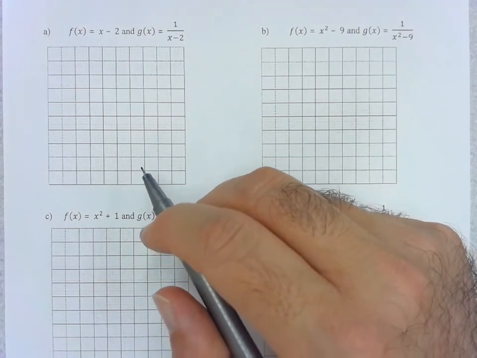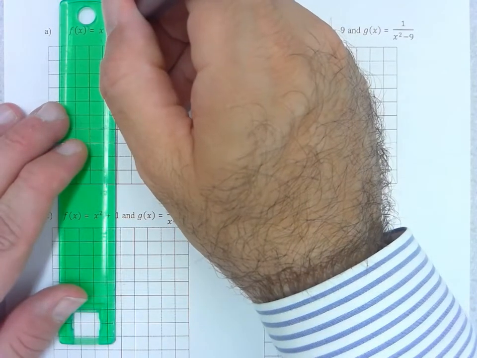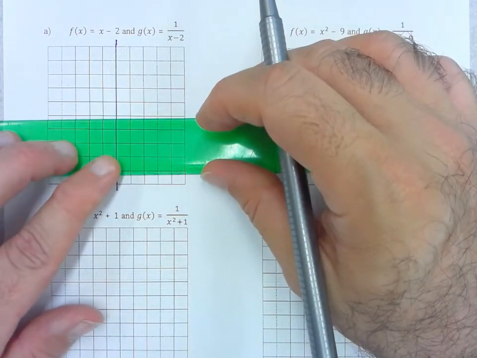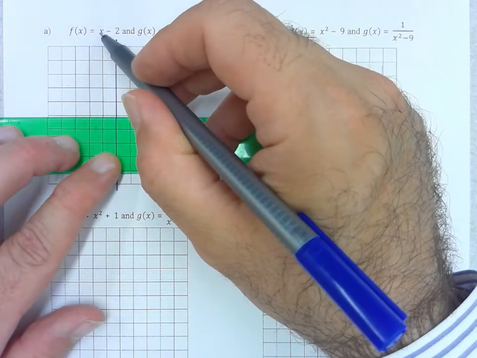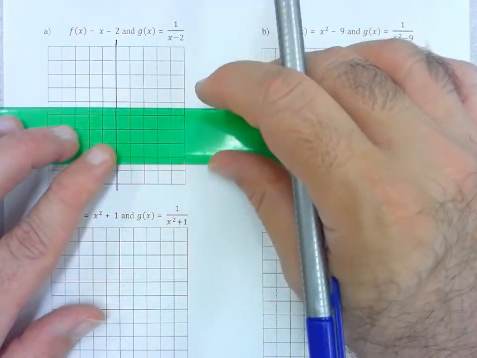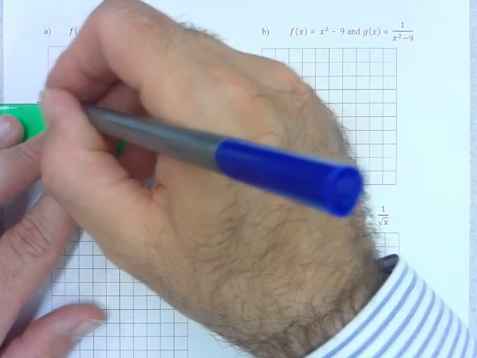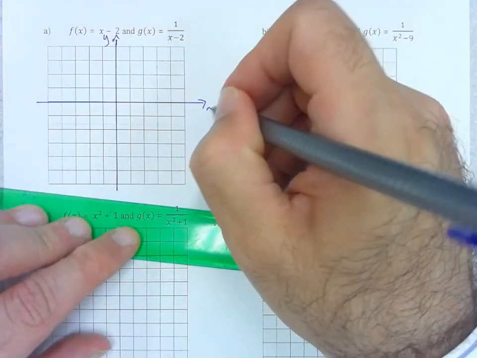Okay, so the first thing I'm going to do is graph this function. So let's get some axes here. Okay. So since I know I'm going to be taking the function x and bringing it down, maybe what I'll do is I'll put my axis a little higher. Okay, so let's see here.